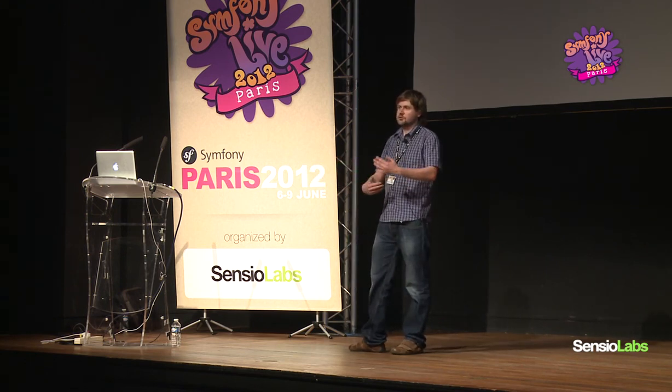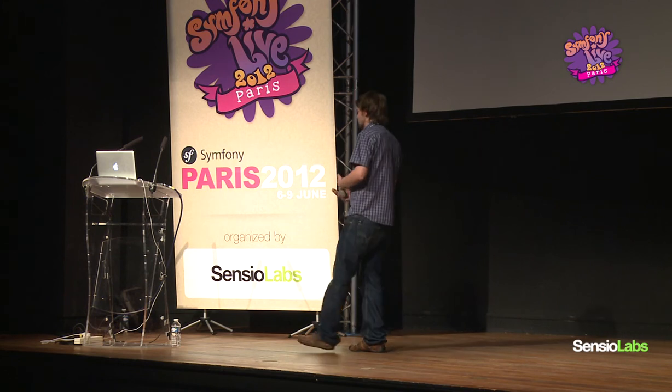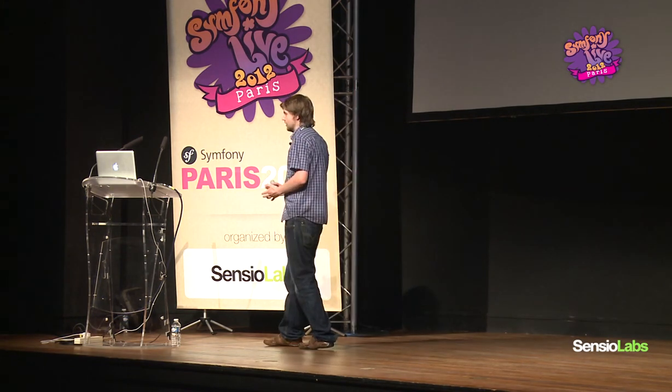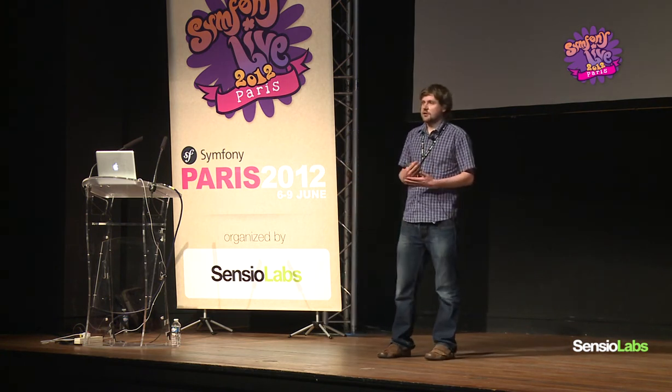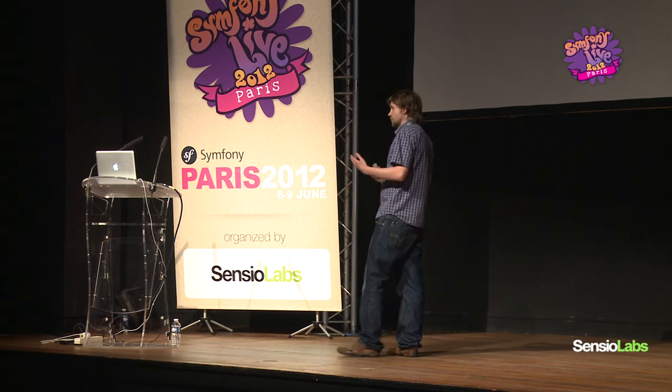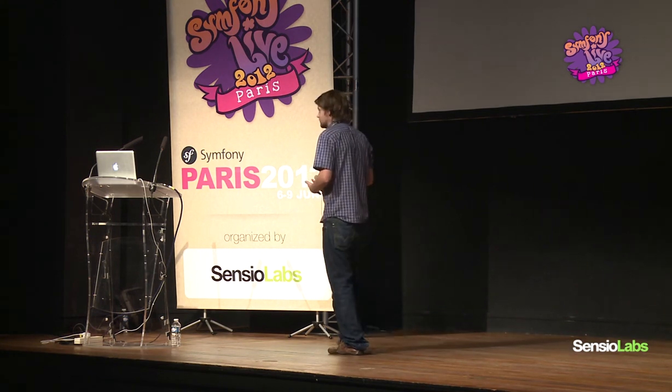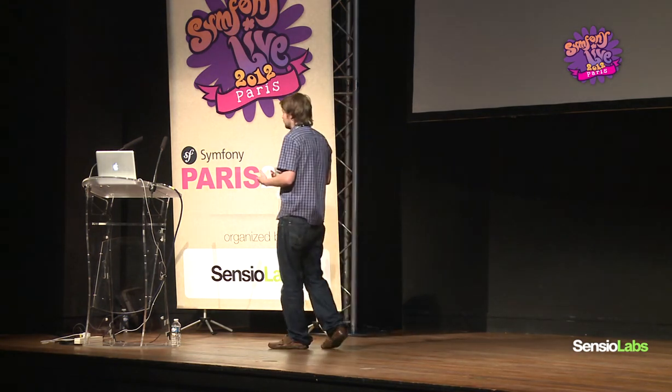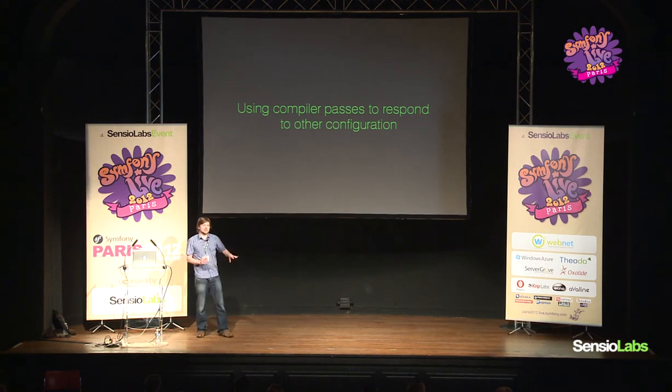So all the configuration that comes from the bundles through those extensions gets loaded, and then a series of compiler passes run. And you can add your own, but whether you're using the framework or the container as a standalone component, there's a load of compiler passes that get added and automatically run.